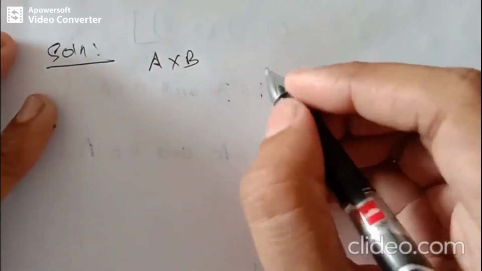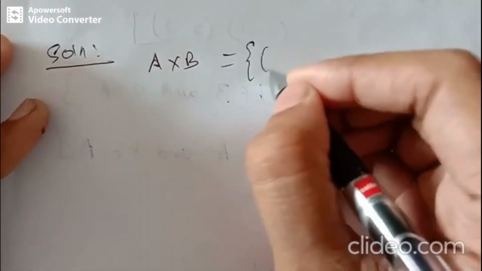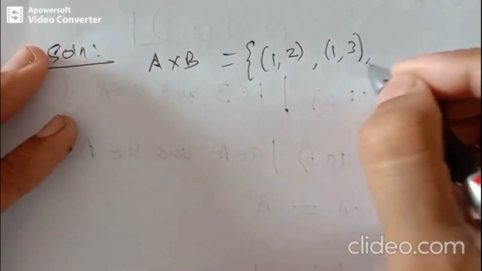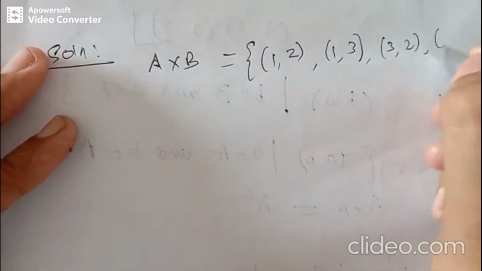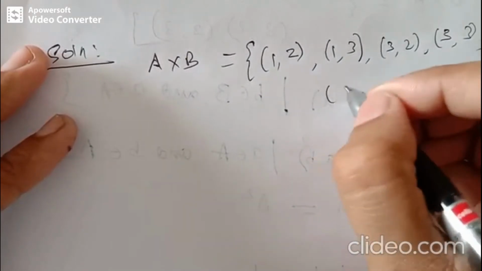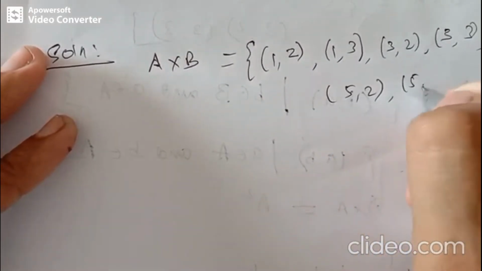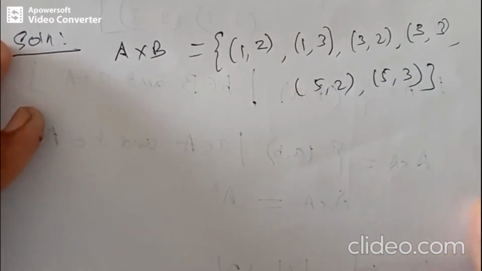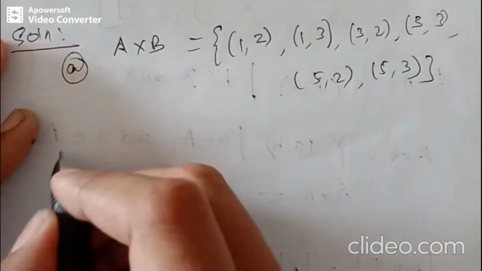So we will be writing this here. This is A cross B, so we have found the answer to the first question.